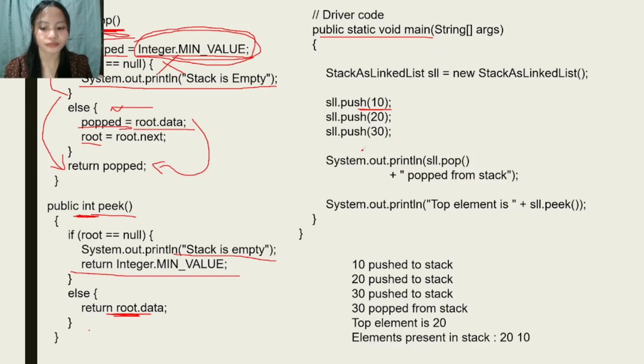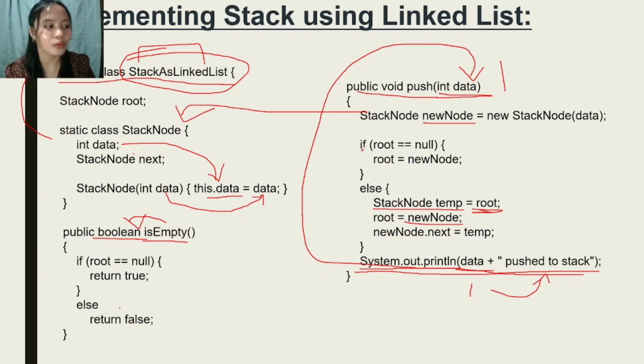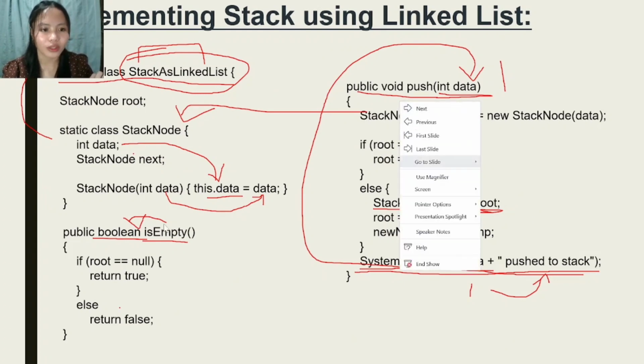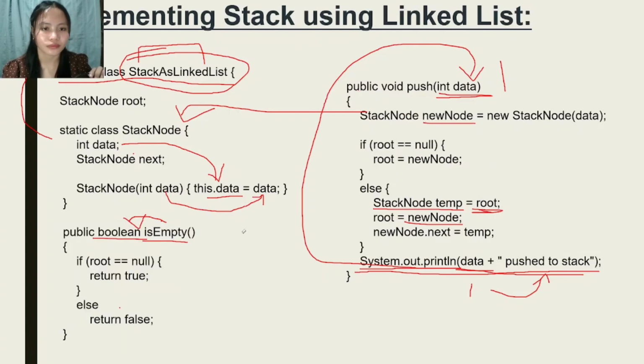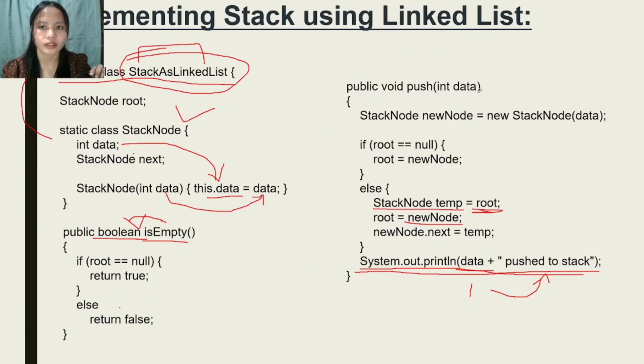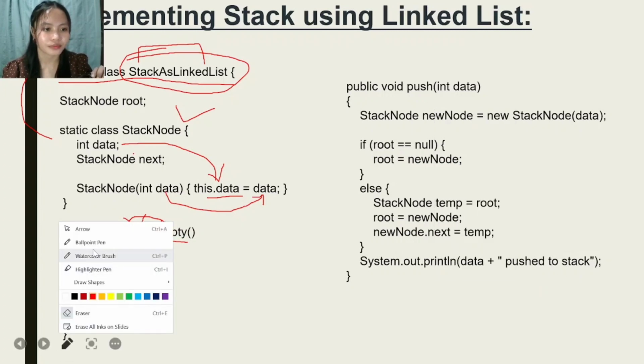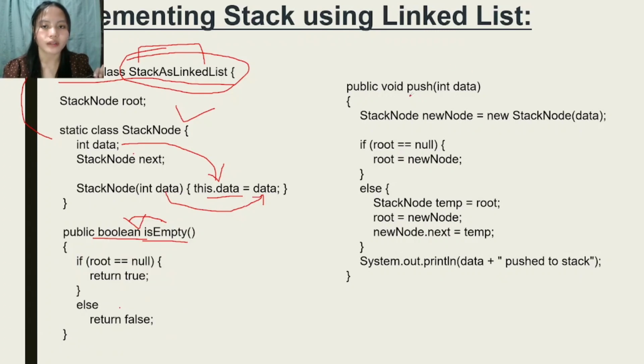So now we will go to our push so that we'll be able to know how our push adds 10 to our stock. We have here the push method with the parameter data.